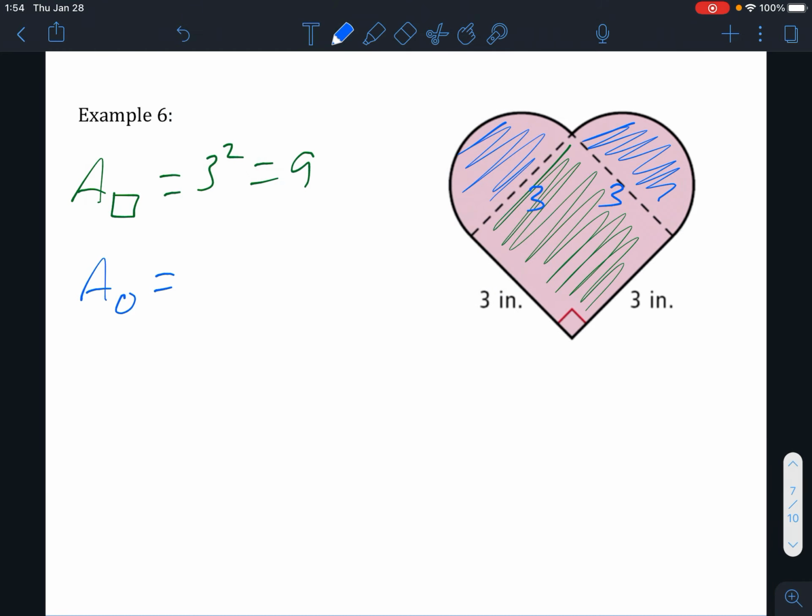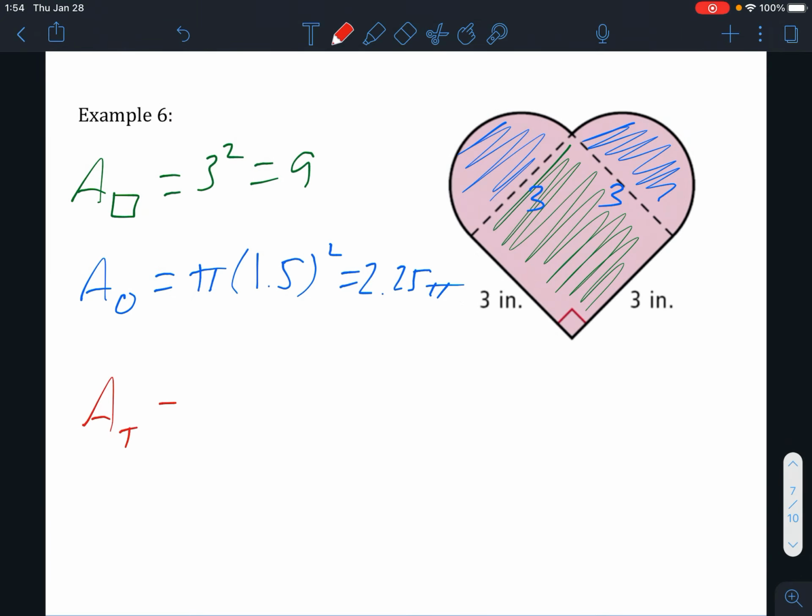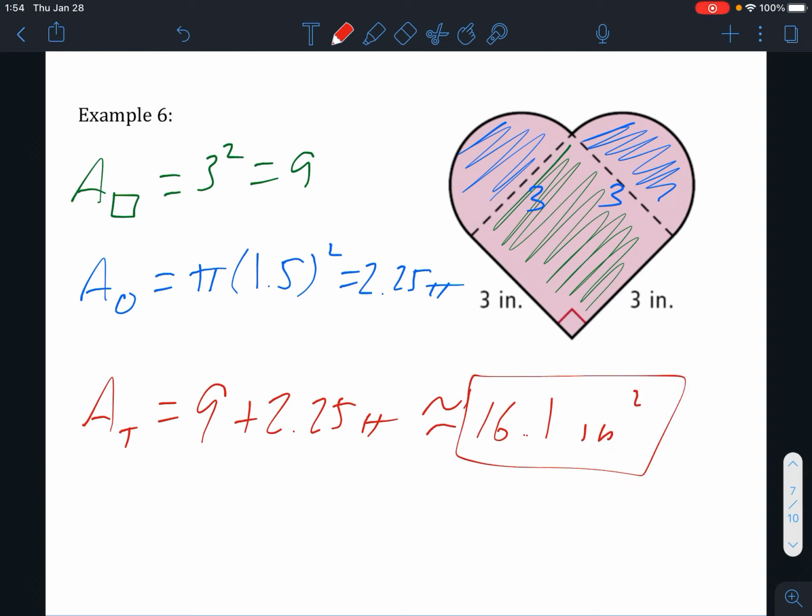And then for the area of the circle, it's pi, and then the radius is 1.5 squared. So that'd be 2.25 pi. So then our total area, we're just going to add these together. So 9 plus 2.25 pi. And it'd be an approximation of 16.1 square inches.